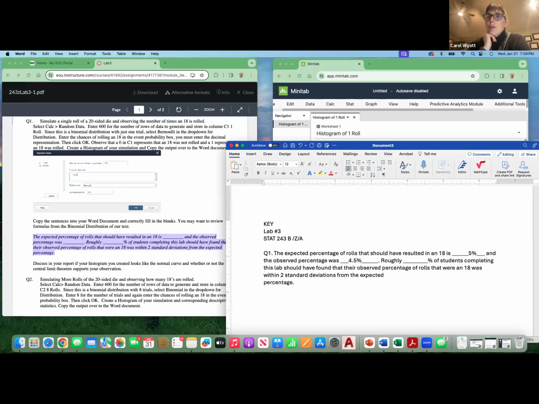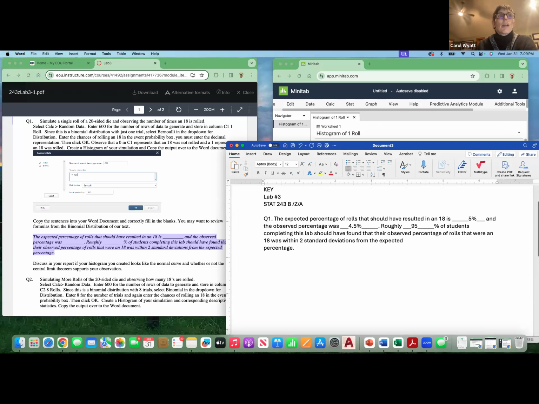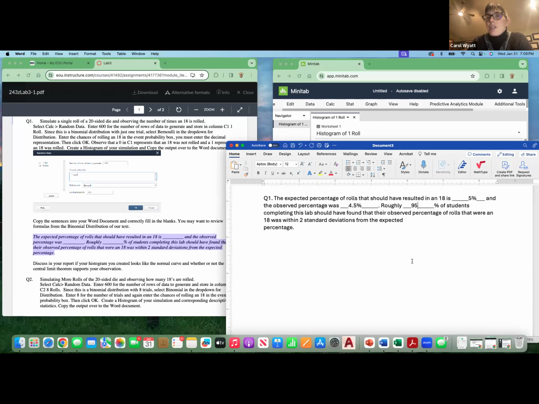So that would be roughly bell-shaped, depending on how many samples we took. And we would roughly expect, given it's going to be mounded, 95% of students completing this lab should have gotten a percentage in that range. And that's just the empirical rule. And that's what we're going to base on this one.